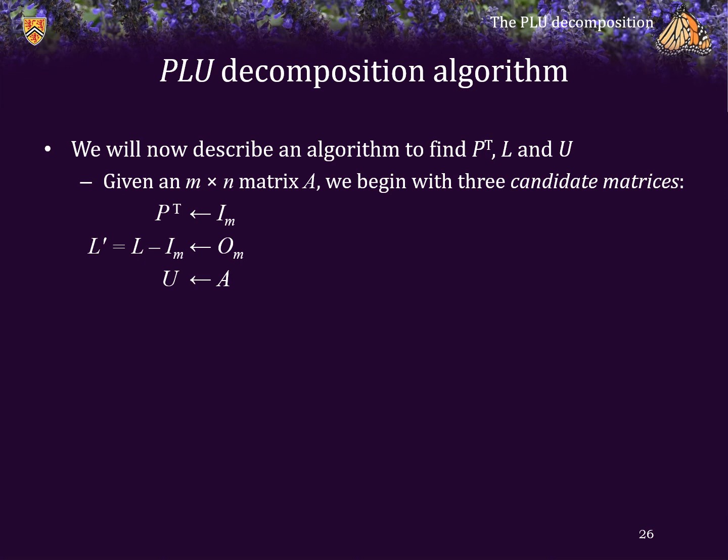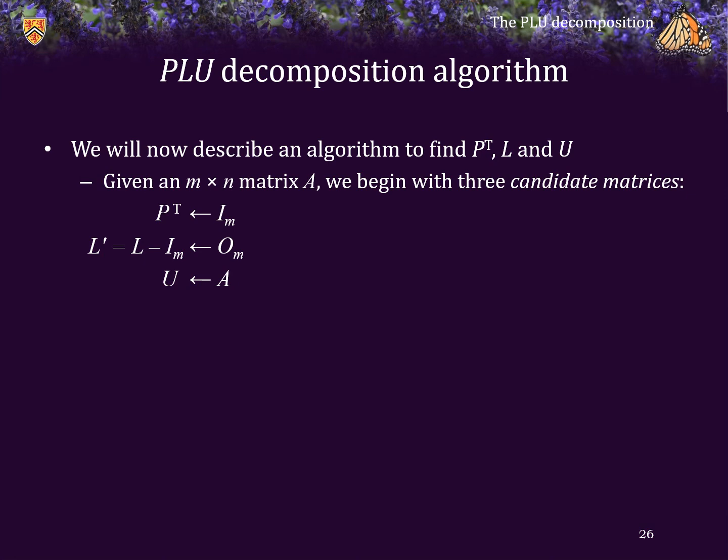First, given an M by N matrix A, we will begin with 3 candidate matrices. P transpose will be initially the identity matrix. It will be M by M. L prime will be defined as L minus the identity matrix, and L prime will be initialized with the square M by M 0 matrix.